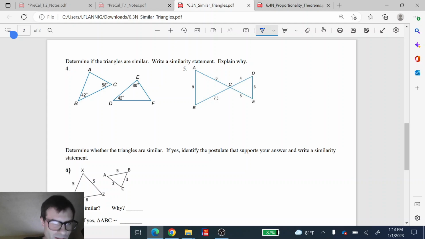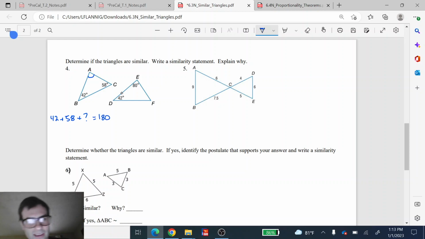What we can do, though, is figure out what these last angles are, because if we know triangles, all angles add up to 180 degrees. So you can say, what number would I have to add to 42 plus 58 to get 180? So I could say like 42 plus 58 plus something equals 180.